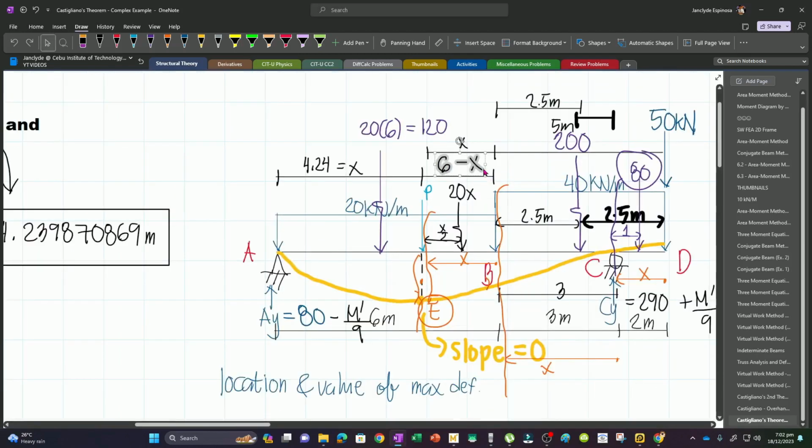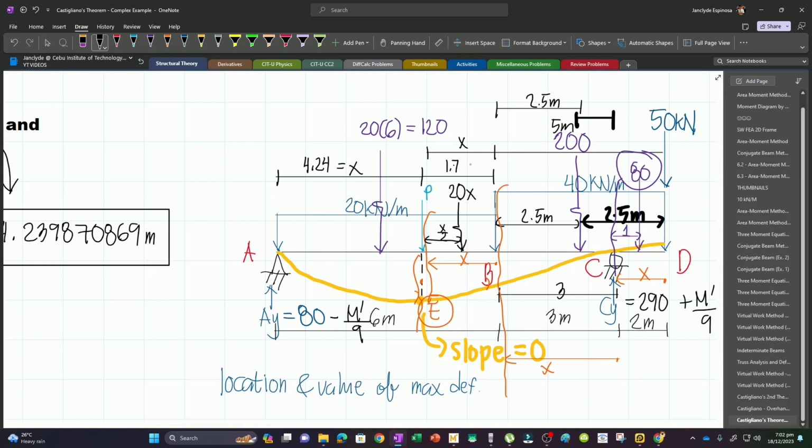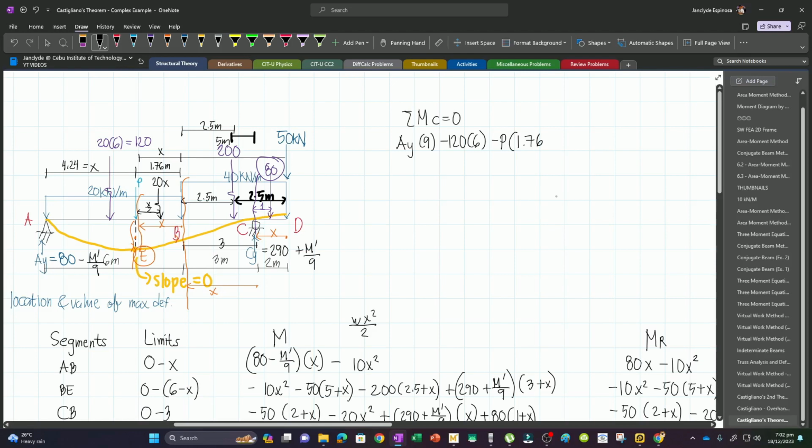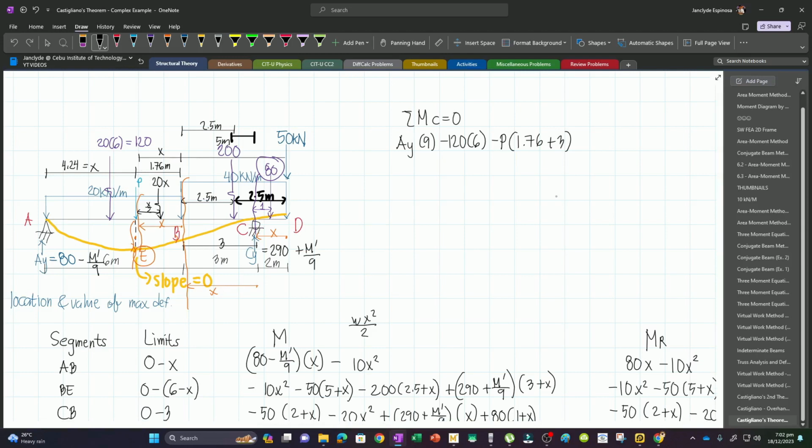So let's change this one into 1.76. And so I will multiply P by 1.76 plus this 3, since that's the moment arm of this load towards C. And then I also have minus 200 times 0.5 and plus 50 times 2, and equate it to 0, I will get AY in terms of P.